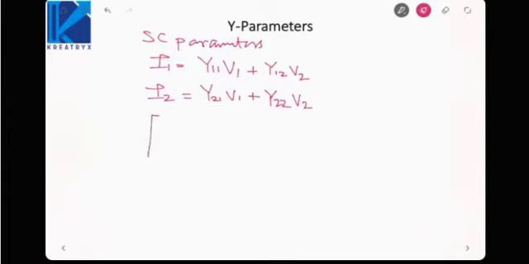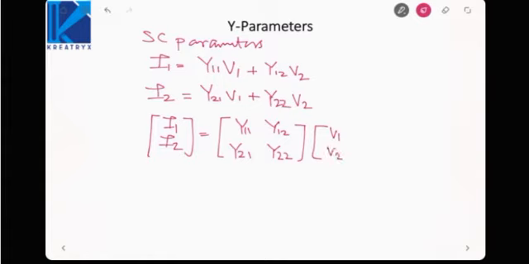In matrix form, it can be written as I1, I2 equal to the matrix Y11, Y12, Y21, Y22 times V1, V2. So that is how the Y parameters relate the current at both the ports to the voltages at the ports.